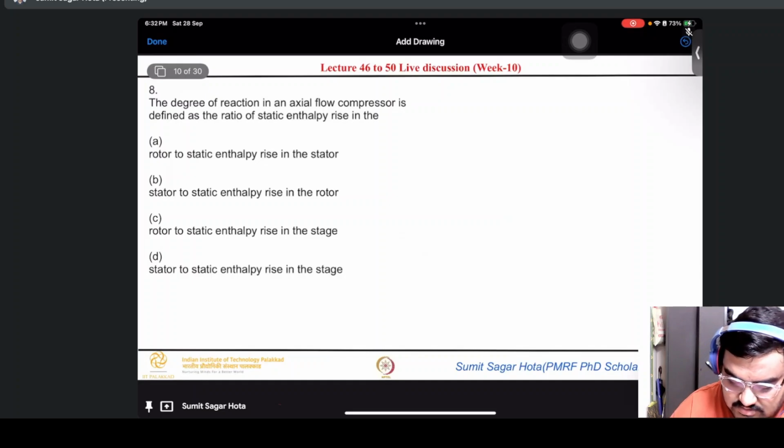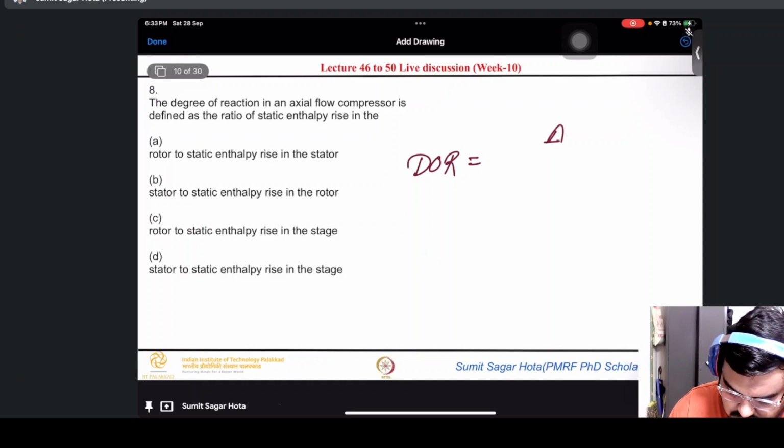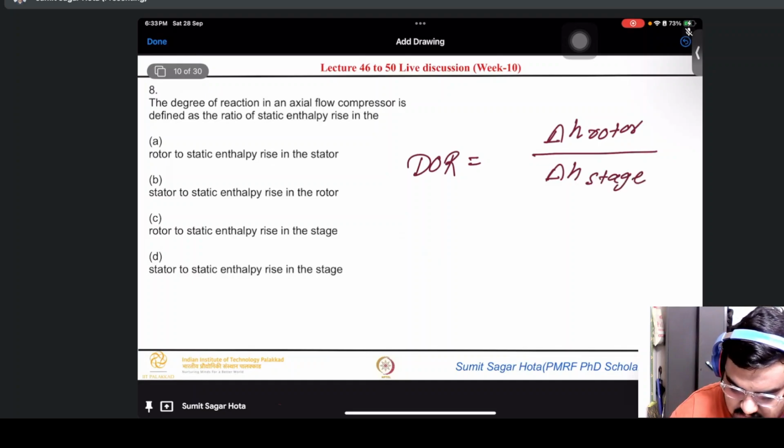That is delta H rotor divided by delta H stage, the degree of reaction.